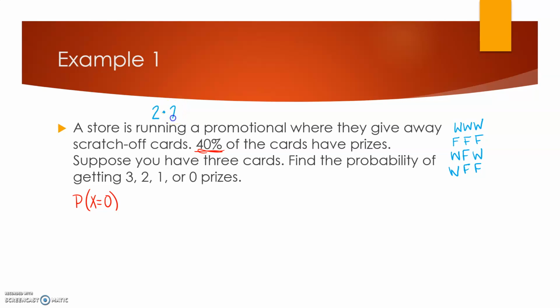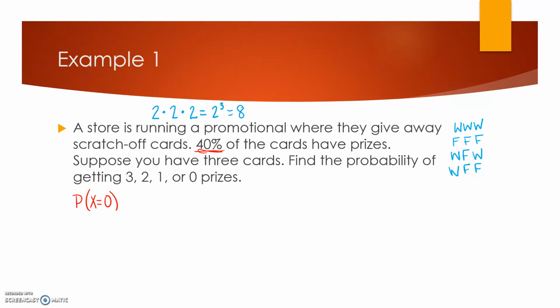So the second one still has the same probability. It's got this times 2 probability. And then we've got times 2, or a third one that could be either a winner or not. And when we multiply all those together, that's the same as doing 2 to the third. So I'm just saying there are 2 possible outcomes with 3 cards that I'm getting. And that would give me 8.